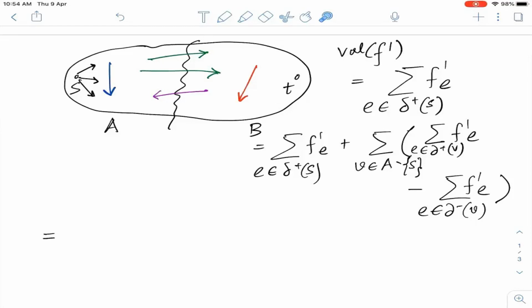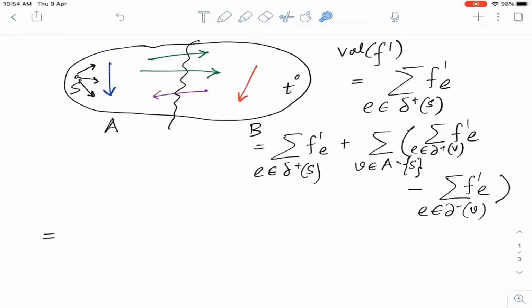So the question is, does the flow on the red edge appear in this summation either with a plus sign or a minus sign? Well, the answer is clearly no, because I am only writing this for the vertices which are inside A. So there is no way that this red edge will appear in this summation. So the red edges I can forget about. I don't have to write anything about them.